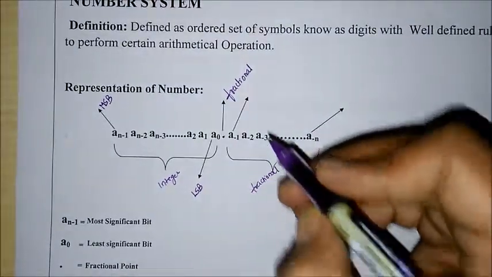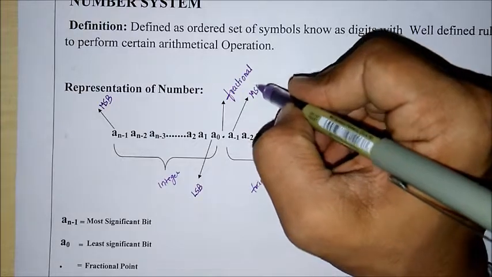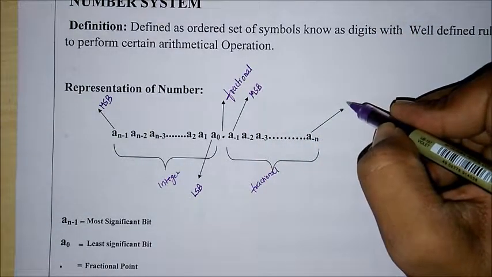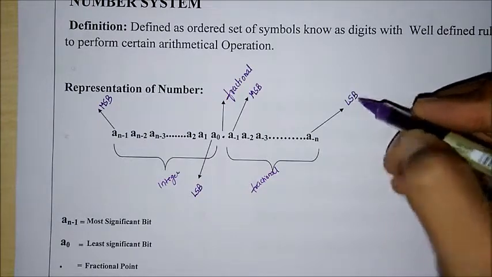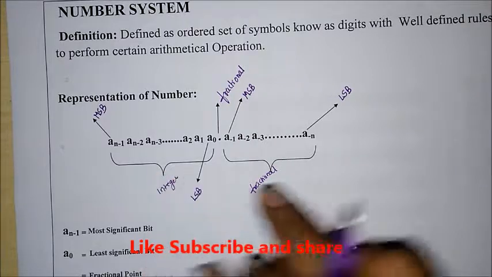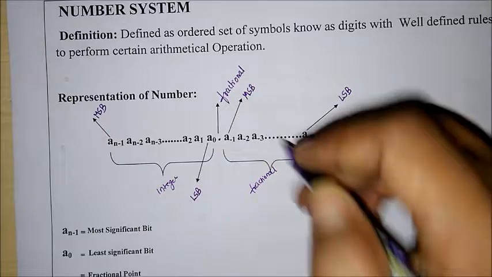In the fractional part, the first bit is called the most significant bit, and the last bit on the right side is called the least significant bit. So a number has two parts, an integer part and a fractional part, separated by a point called the fractional point.